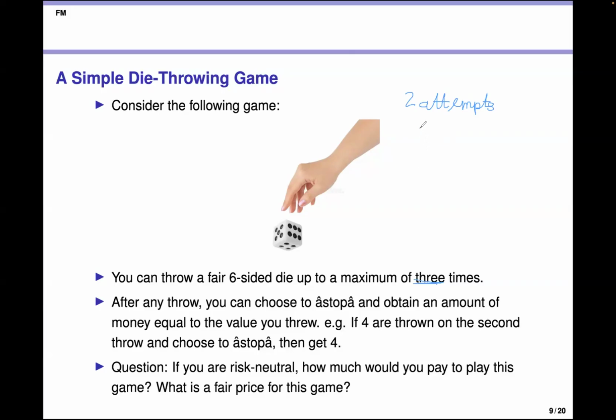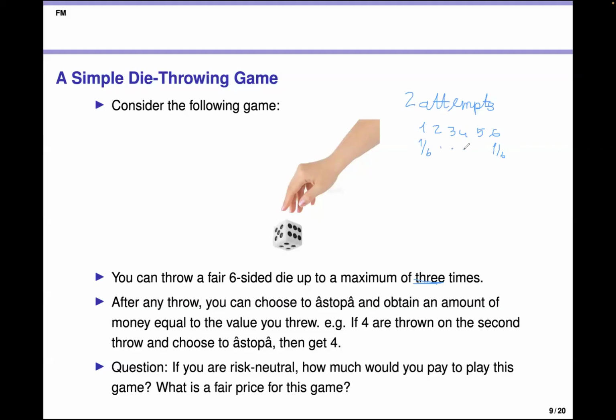We can get 1, 2, 3, 4, 5, and 6 with equal probabilities. What is the probability for 1? 1 divided by 6. All probabilities are 1 divided by 6, from 1 to 6.